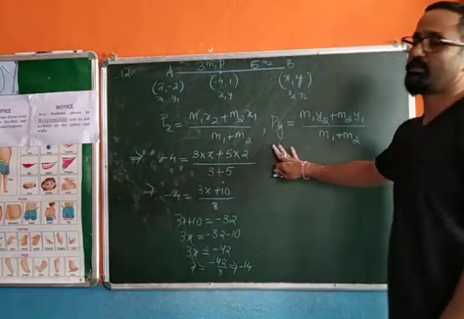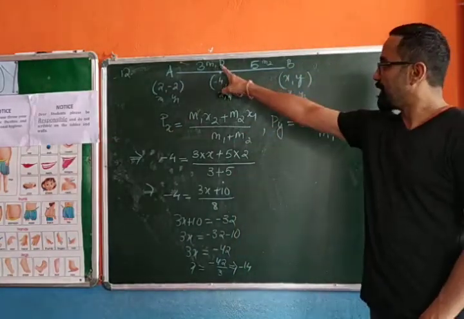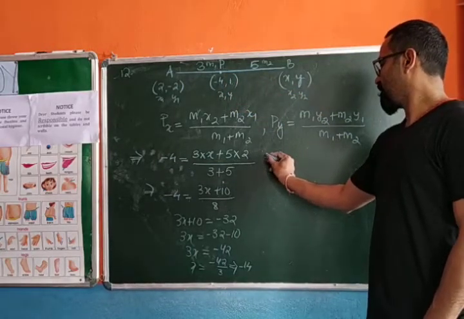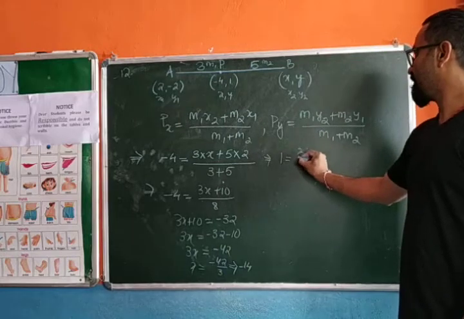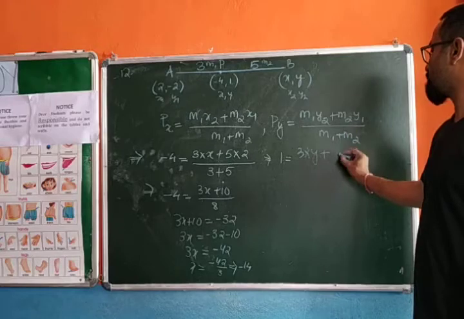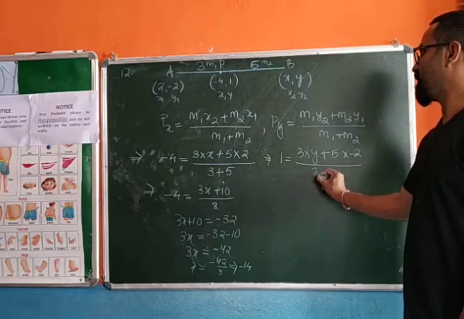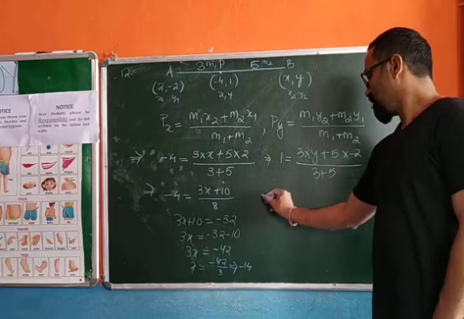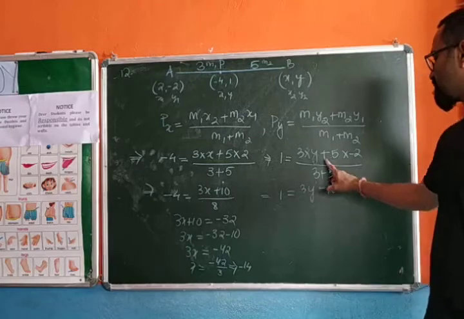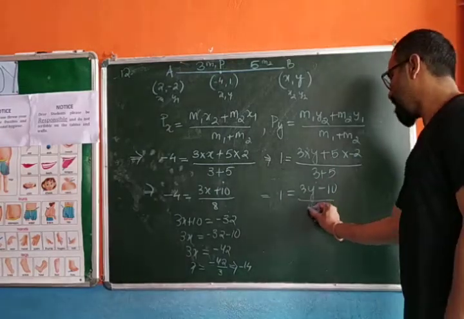Similarly, we substitute in the y coordinate of P. y is 1. m1 is 3, y2 is y, m2 is 5, y1 is minus 2, divided by 3 plus 5. 1 equals 3y minus 10 divided by 8.